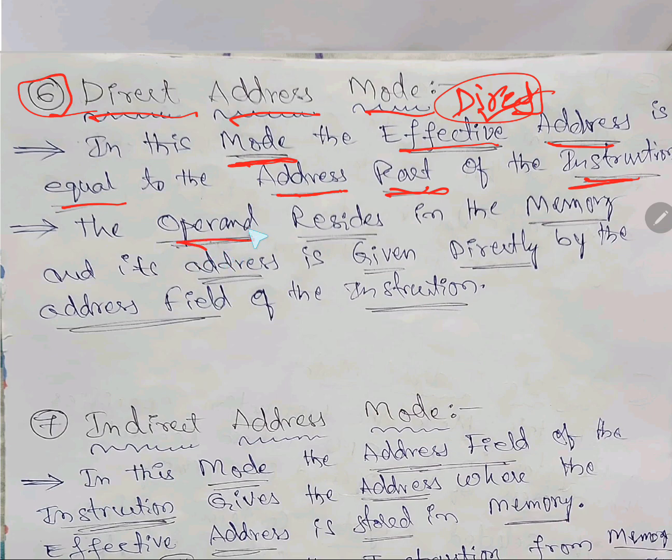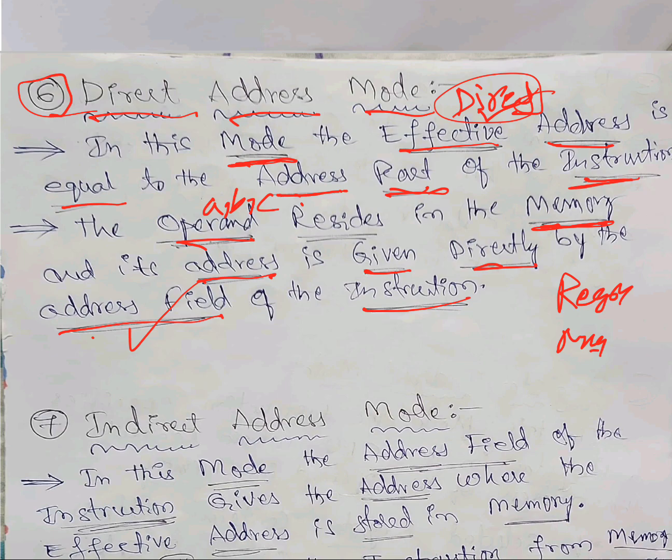The operands, the variables, the values reside in the memory. Either it may be a register or main memory, or some small memories, and its address is given directly by the address field. The address field gives the operand address, so that the operand will be fetched and some operations done, right? Very simple.